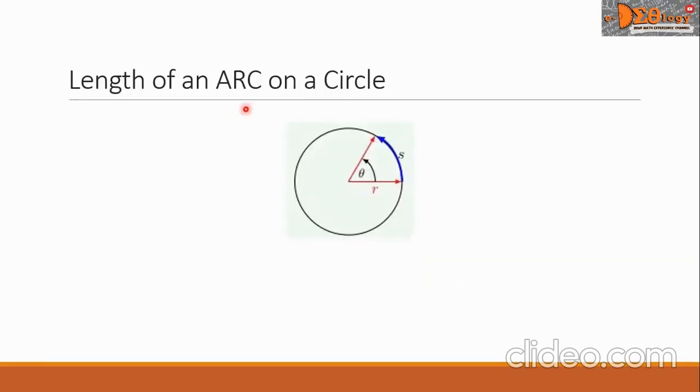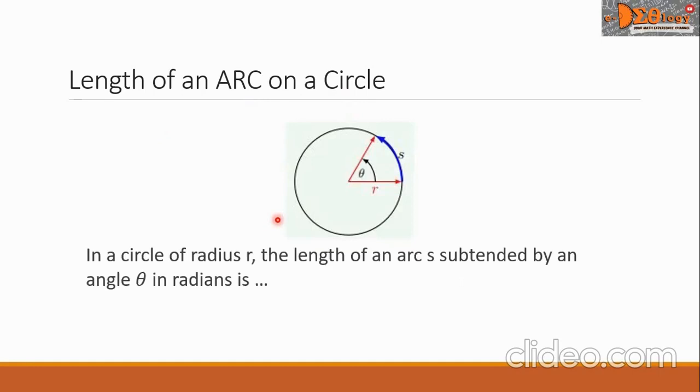The length of an arc on a circle is illustrated by this figure, and let us have a formal definition. In a circle of radius r, the length of an arc S, subtended by an angle theta in radians, is given by the formula S. This is the S, that is the arc.